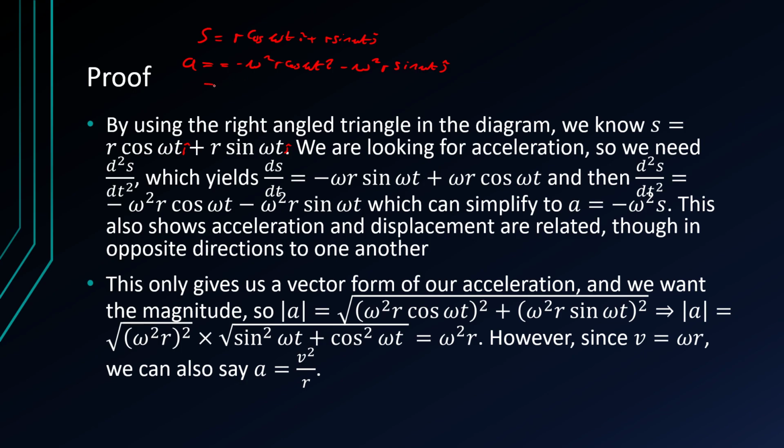If we factor a minus omega squared out, we get r cos omega t i plus r sine omega t j. Now, r cos omega t i plus r sine omega t j is actually just displacement, so we get that the acceleration is minus omega squared s.